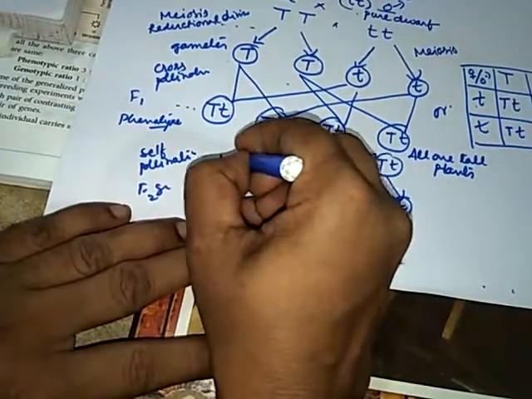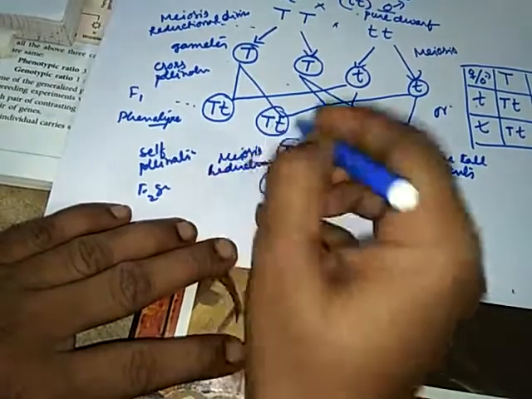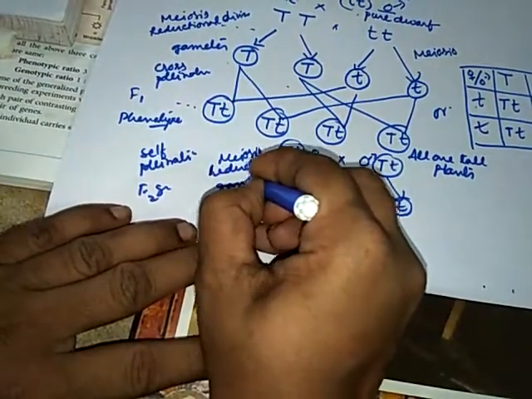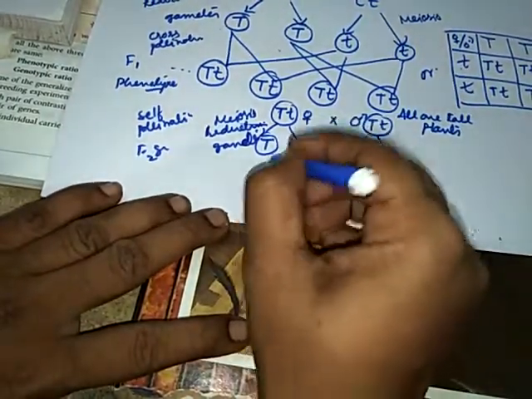This is meiosis, reductional division, forming gametes and allowing fusion to form the zygote.